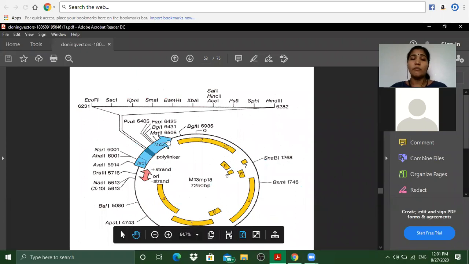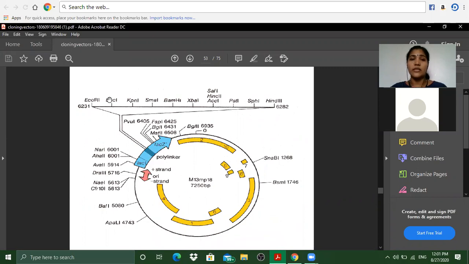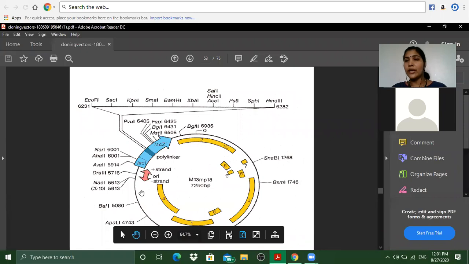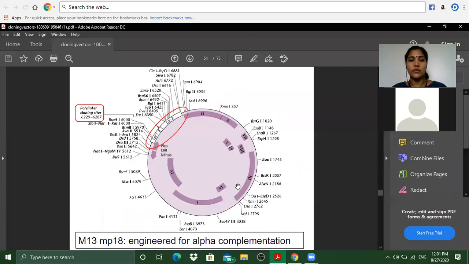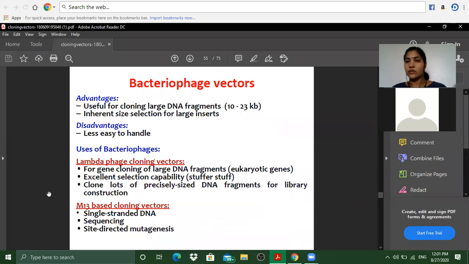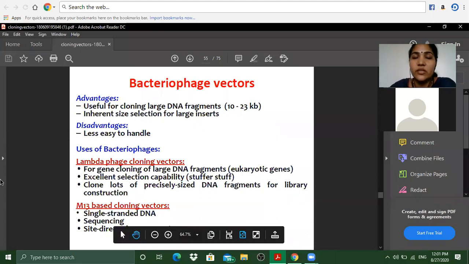They also ended up inserting the polylinker, and in the lacZ gene they have put so many restriction enzyme recognition sites in this lacZ gene itself. This is how they ended up constructing the M13 vector, which is of major use. These structures show how they went ahead and constructed these vectors.